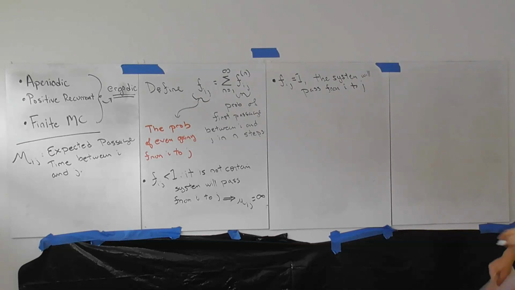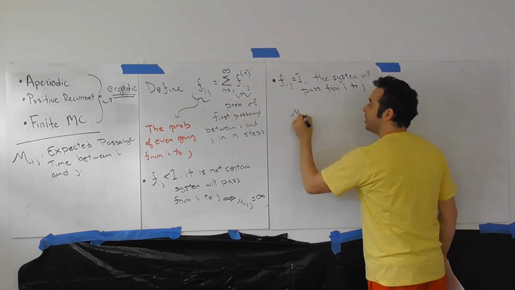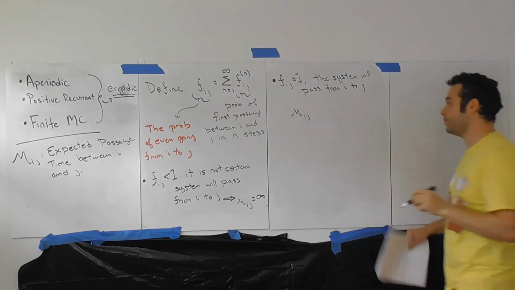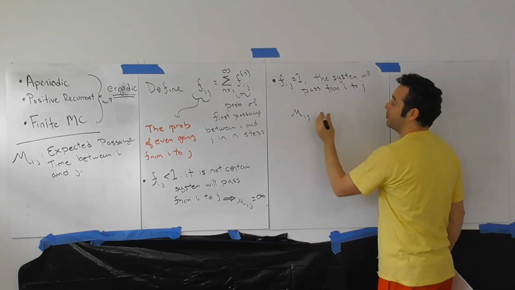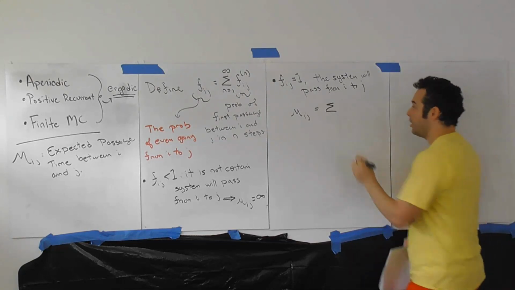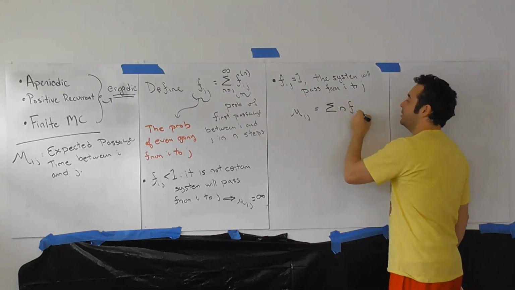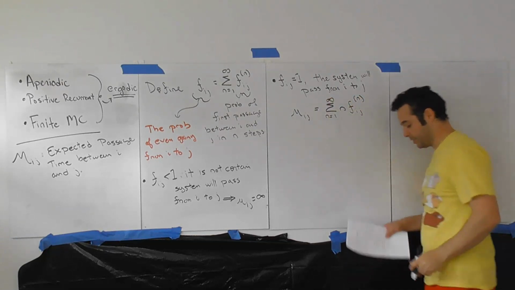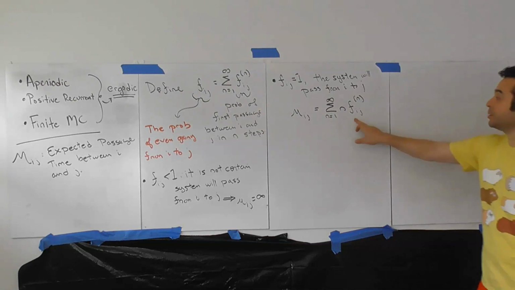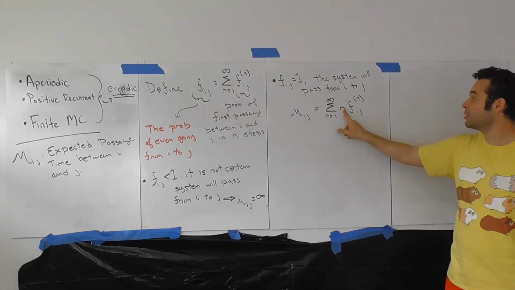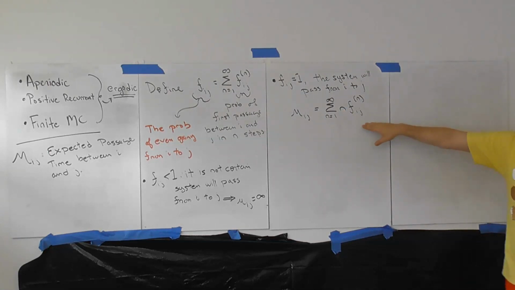And not only that, what we can calculate is the mean passage time, this mu ij, the time it takes to go from i to j, is just equal to the sum of n times Fij^(n), and we're going to take that sum from 1 to infinity. So we're just saying, what's the probability of going from i to j in 1 step, 2 steps, 3 steps, 4 steps, and we multiply by the number of steps. This is just calculating our expected value.